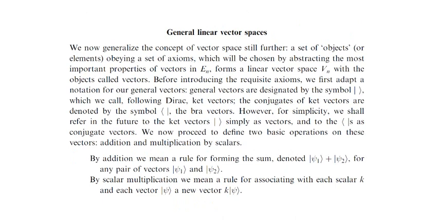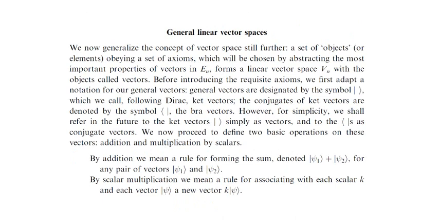But now we are going to speak about a set of objects obeying certain axioms, just like the vectors in Euclidean space, and we are going to call these objects vectors. Even though we are calling these objects vectors, they are not just the ordinary vectors which we represented with boldface letters in the previous slide. These are not the ordinary vectors in the real sense.